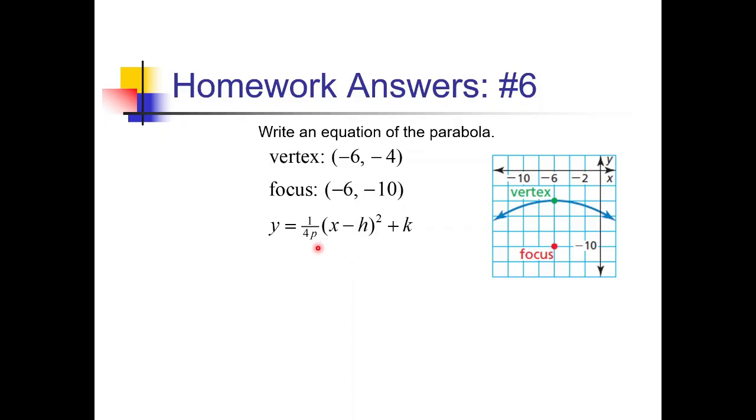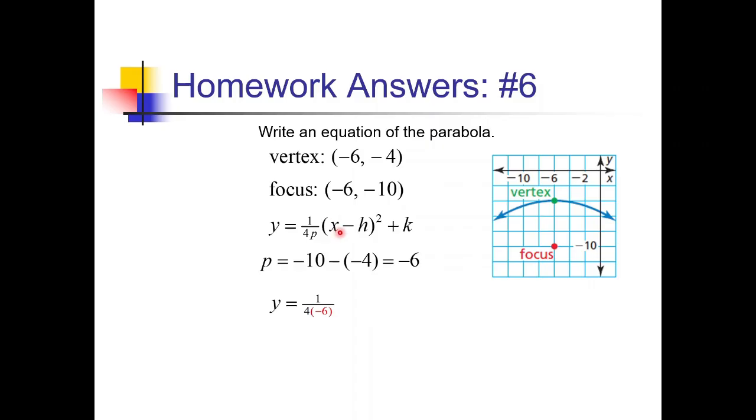I can find that by taking the focus and subtracting the vertex, the y values at least, since this is an up-down parabola. So we've got negative 10 minus negative 4. That's negative 10 plus 4, which is negative 6. All right, so plugging all that in, we have y equals 1 over 4 times negative 6.